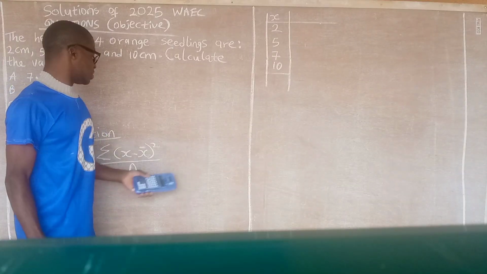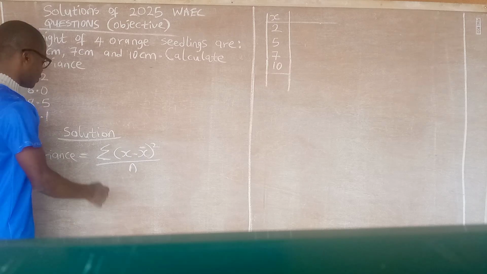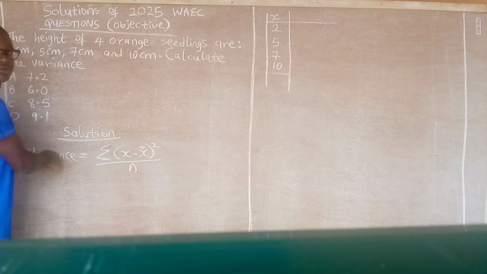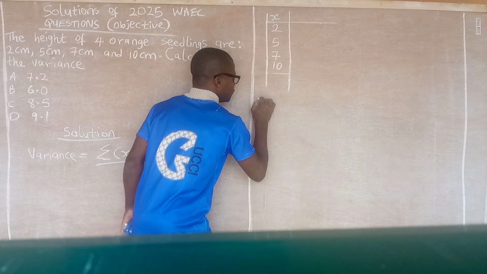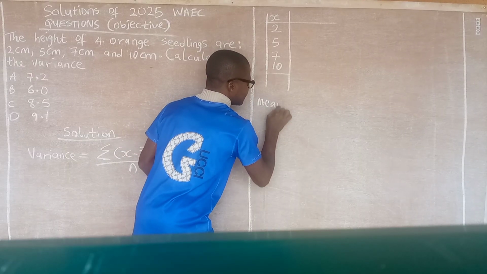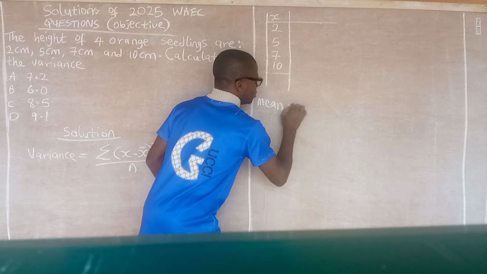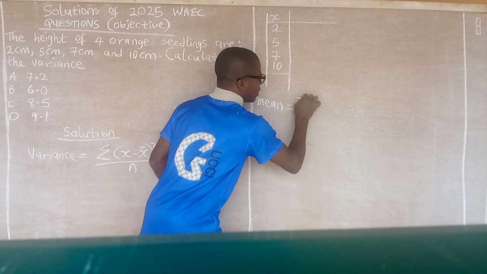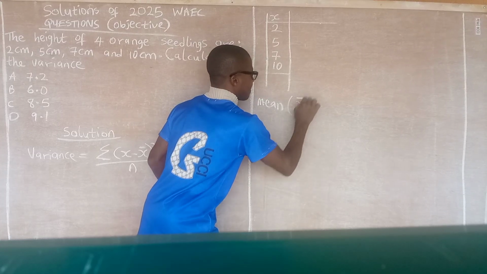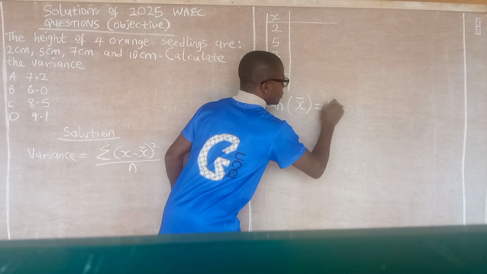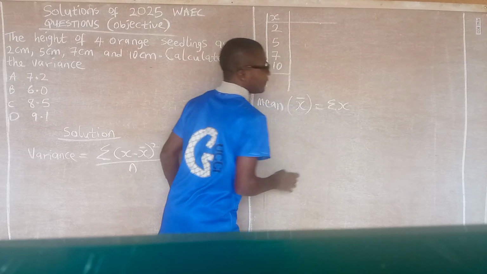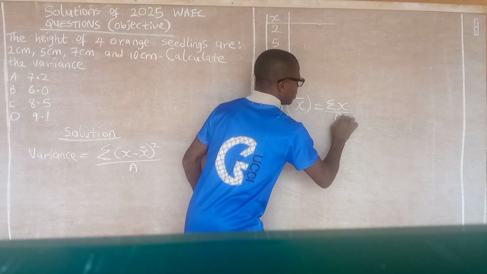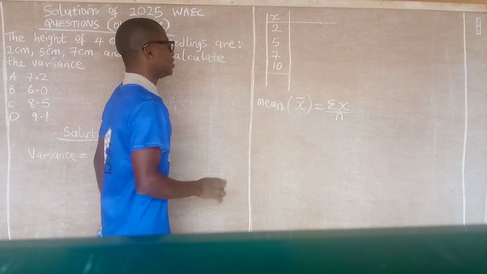So I have to calculate the mean first before calculating the variance. And what's the formula of mean? Mean, denoted by the symbol x bar, equals summation of the data over number of the data.